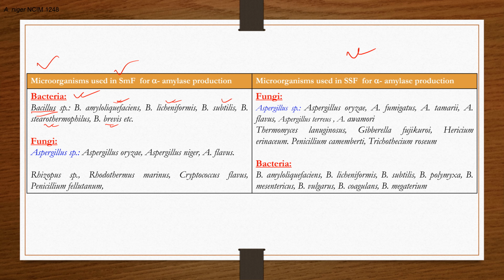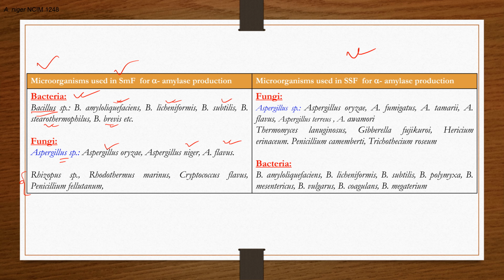Whereas if you consider fungi, mostly Aspergillus species were used for alpha-amylase production in SMF. Those are Aspergillus oryzae, niger, and Aspergillus flavus. Other than Aspergillus species, other fungi were also used for alpha-amylase production in the SMF process.